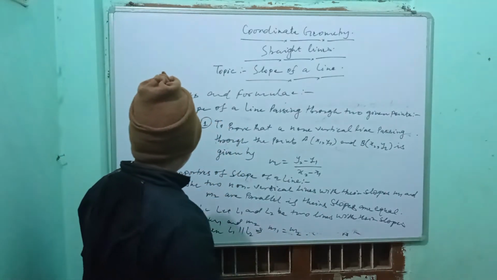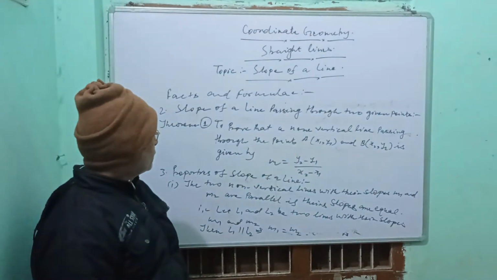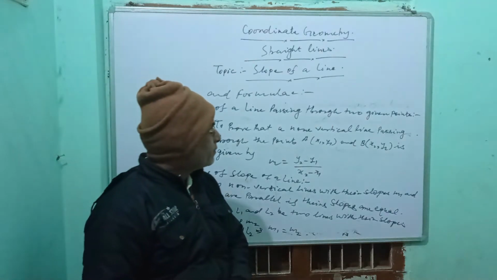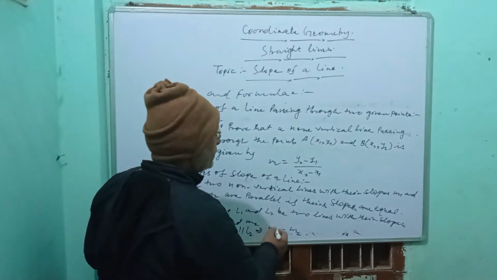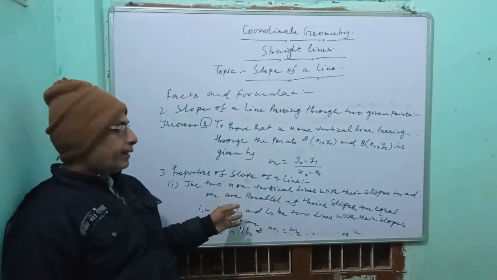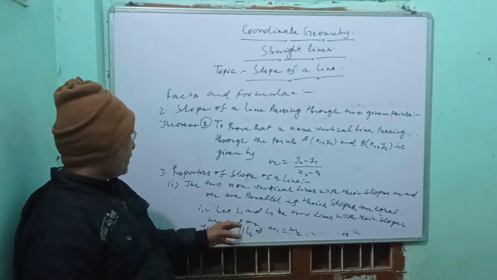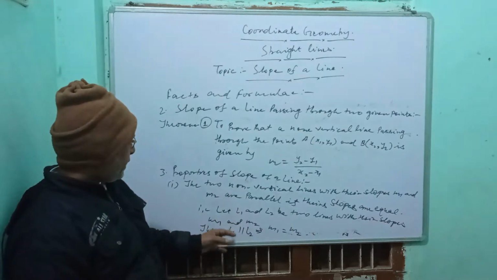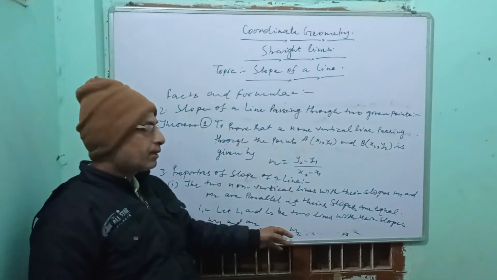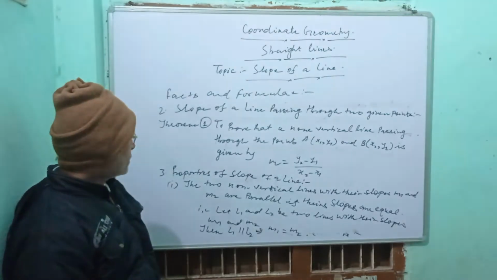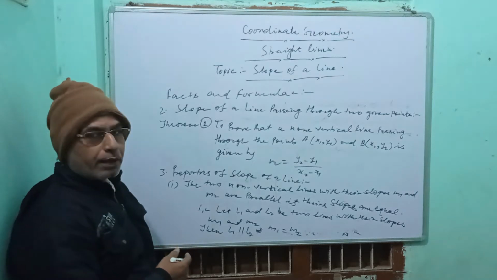Means this is the first property of slope of a line, in which two non-vertical lines with their slopes m1 and m2 are parallel if their slopes are equal. Means when two lines are parallel, then their slopes are equal.